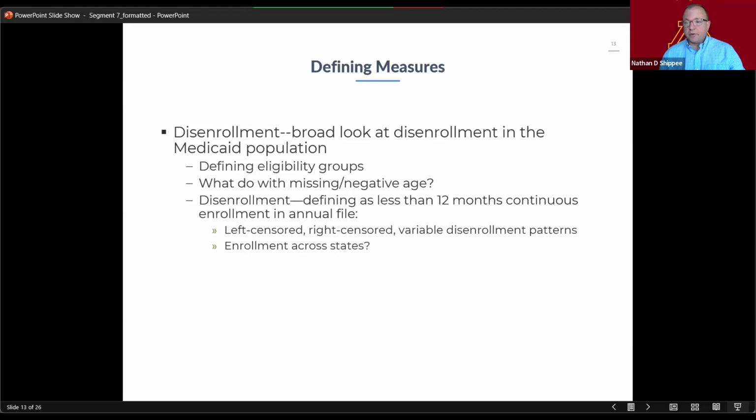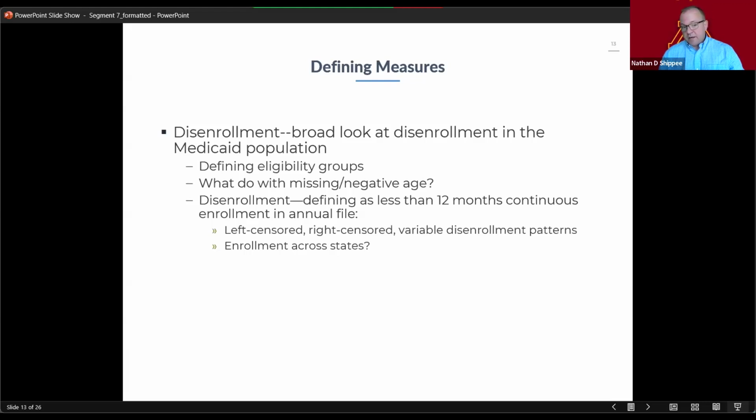Or are there other popping in and out patterns? Somebody becomes newly enrolled in March, but then leaves before the end, so they have both left and right. Or they were enrolled at the beginning of the year, but they drop out in the middle of the year and come back before the end. Or lots of other ways. So what exactly you're going to do about those? For us, we did keep the 12-month continuous rule because that was the point. But we did do an analysis on the other kinds of missing patterns that are there.